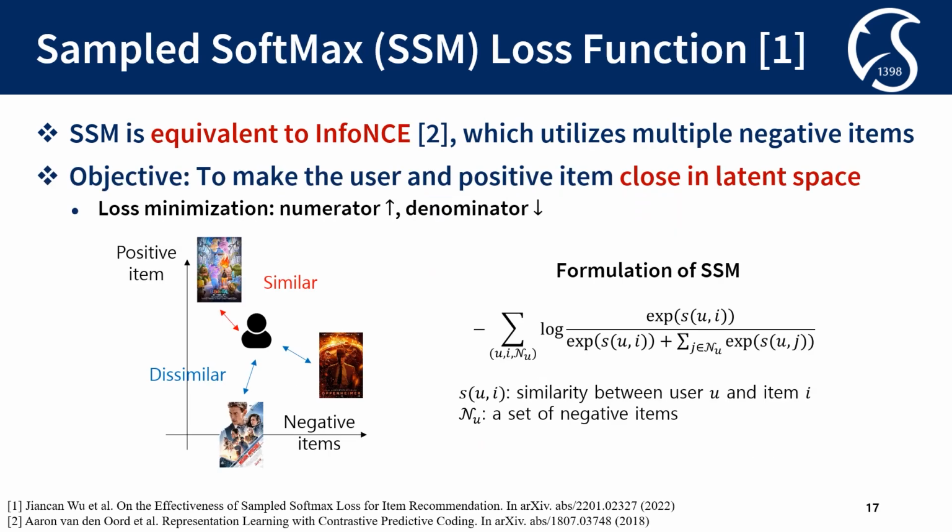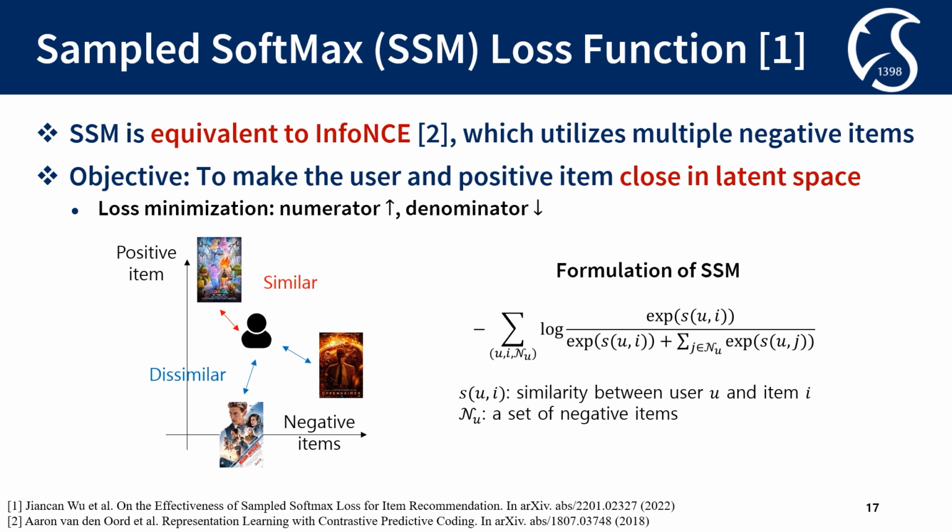Let me briefly explain the SSM loss. SSM is the same as the InfoNCE loss, which uses multiple negative items for a single positive item. It is also referred to as the sampled softmax loss.